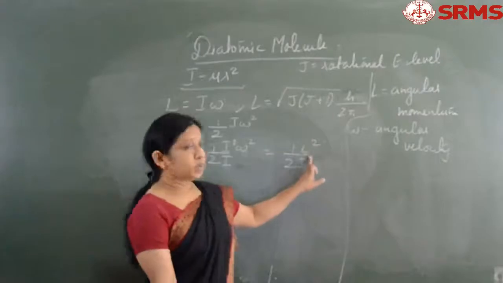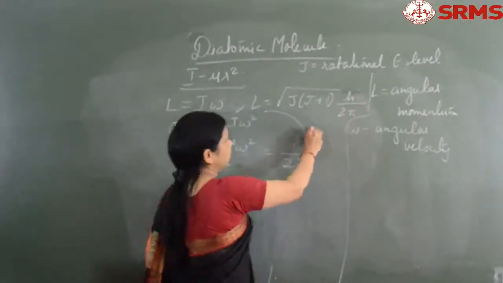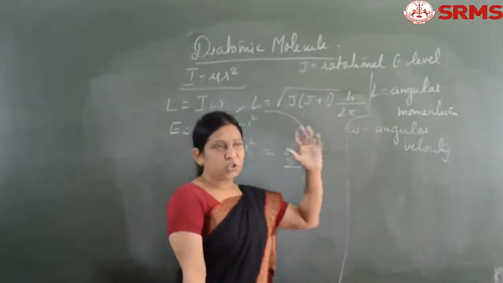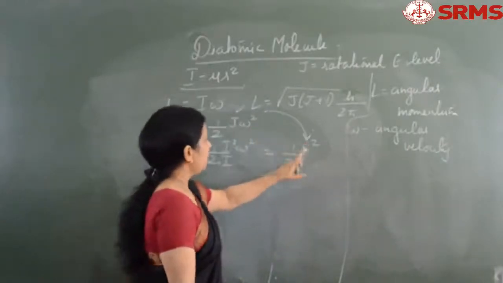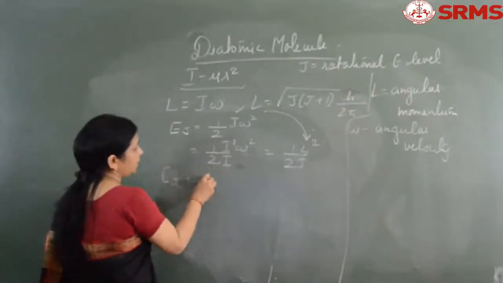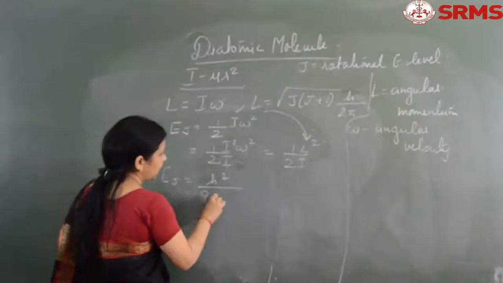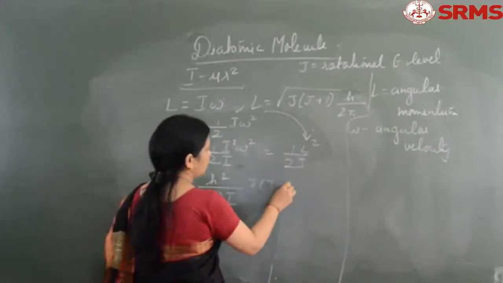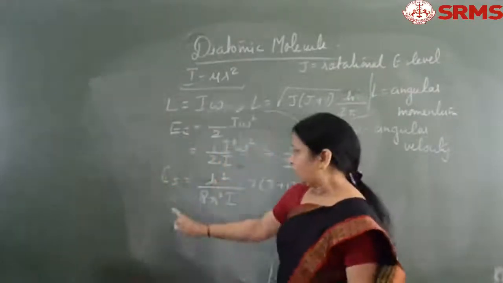Now in this equation of energy, I put the value of L in terms of J, where J represents the rotational energy levels. Then the energy is given by h square over 8 pi square I times J into J plus 1. So this is the equation of rotational energy.